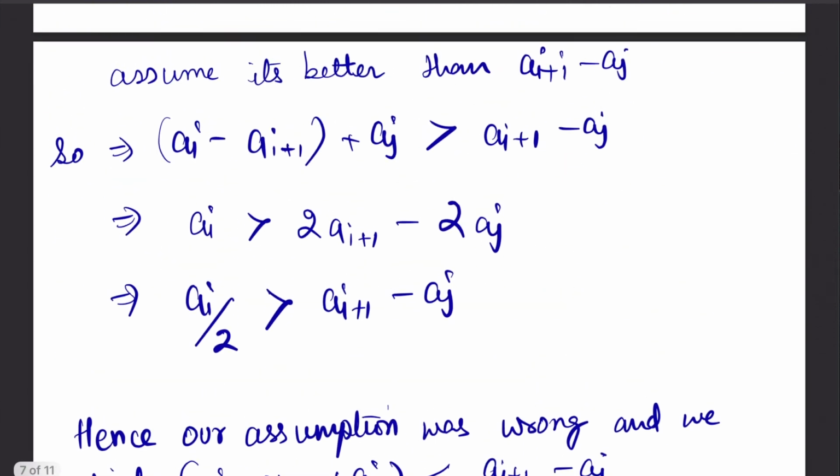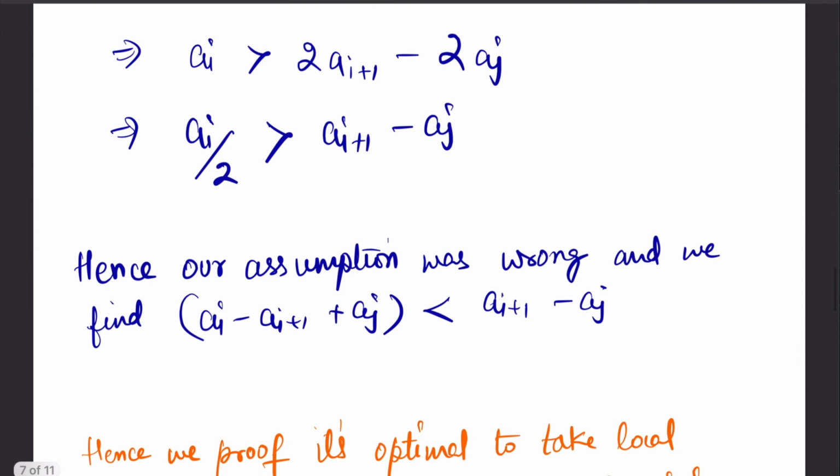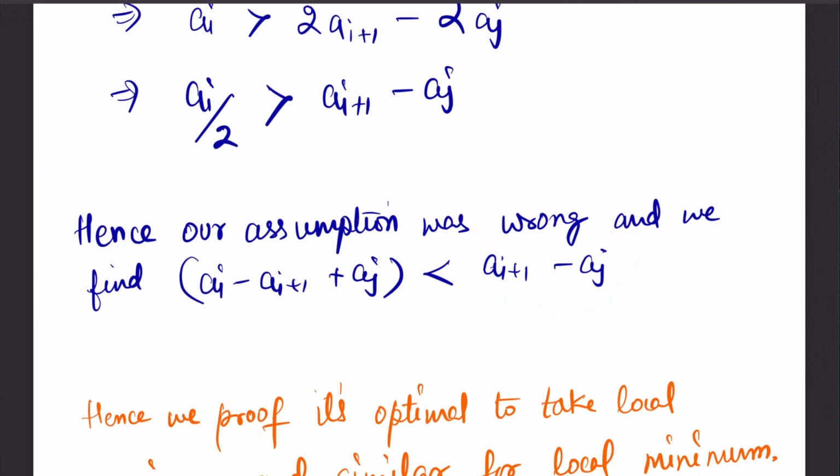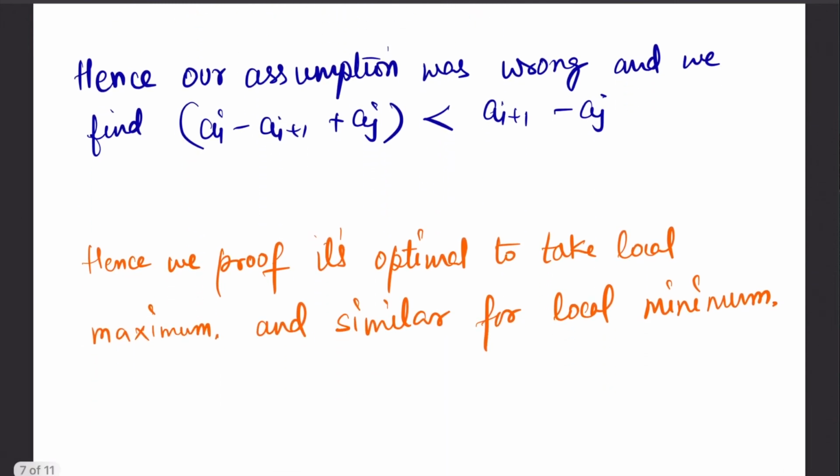Hence our assumption was wrong. What was the assumption? Our assumption was this value is greater than the best solution that we can make. So actually our best solution that we had is actually greater than the assumption that we had. Hence this proves that taking the local maximum is the best choice, and the same proof goes for local minimum.